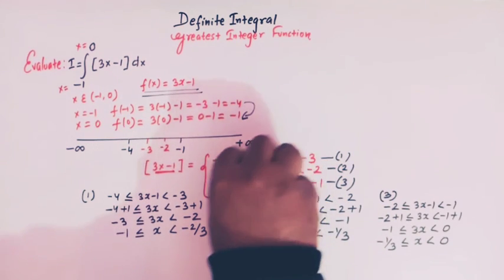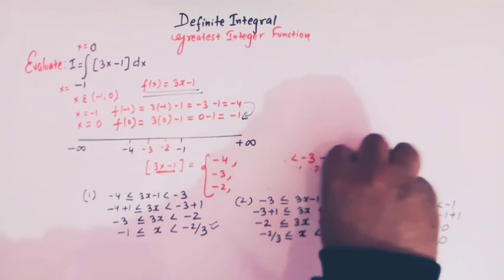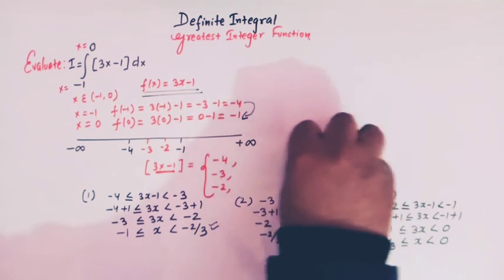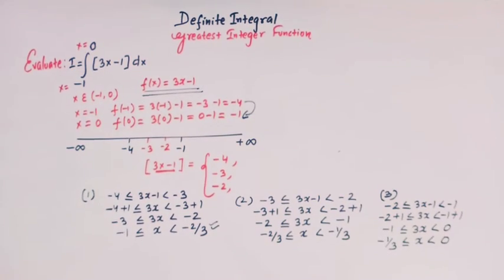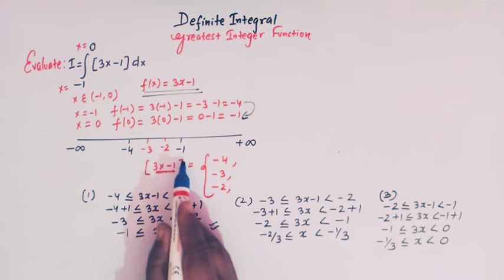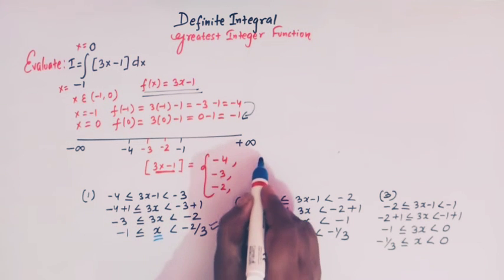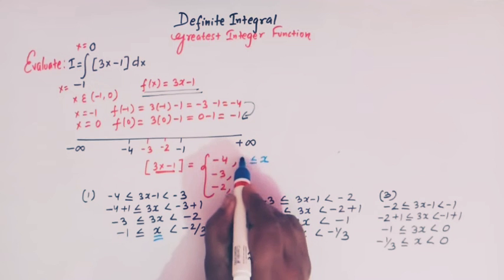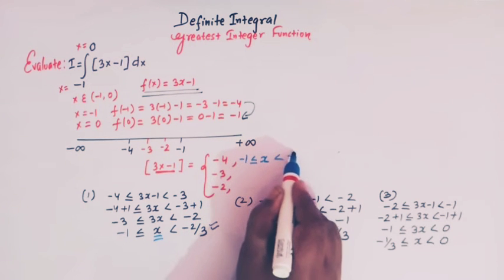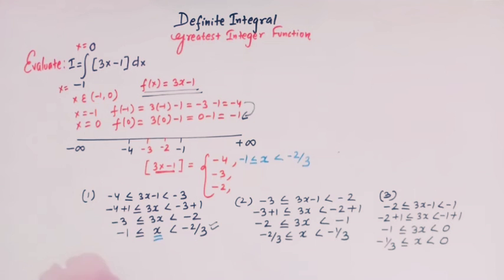So now this function, greatest integer 3x minus 1, the value of this function is minus 4 whenever x lies between minus 1 and minus 2 over 3, right?